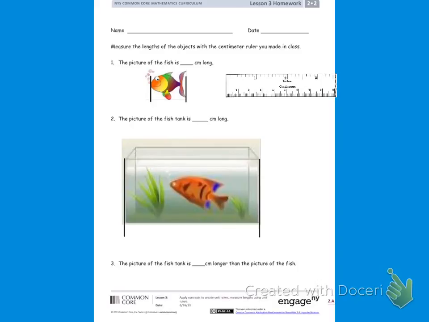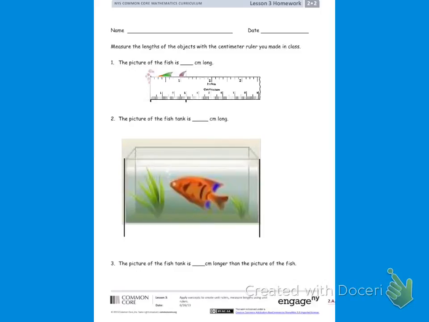Across the top of the ruler, it's inches. Across the bottom, it's centimeters. And you can see that because it's noted on the actual ruler. So I'll move this. I'll make sure to line up the edge of my ruler with the line on the left. And then I will look at how many centimeters the fish is by looking at where the last line ends on my ruler.